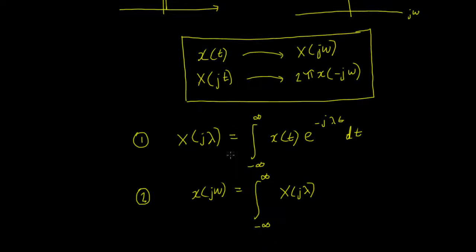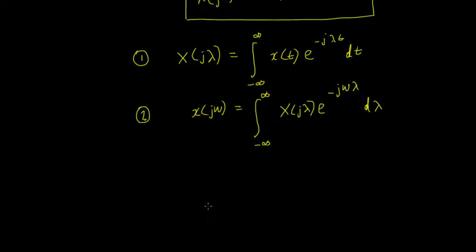So that's x of j lambda times e to the minus j omega lambda, and we're integrating with respect to the value lambda. So we've got two functions here, and it goes from time to frequency to time back to frequency.